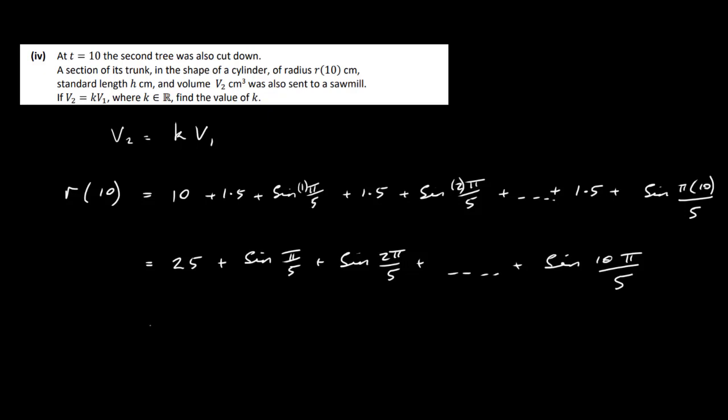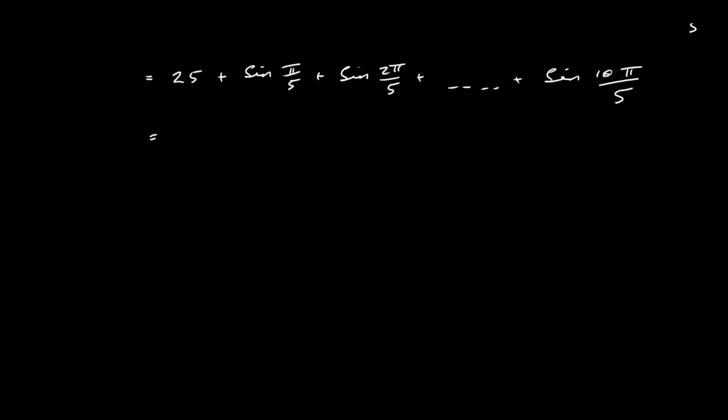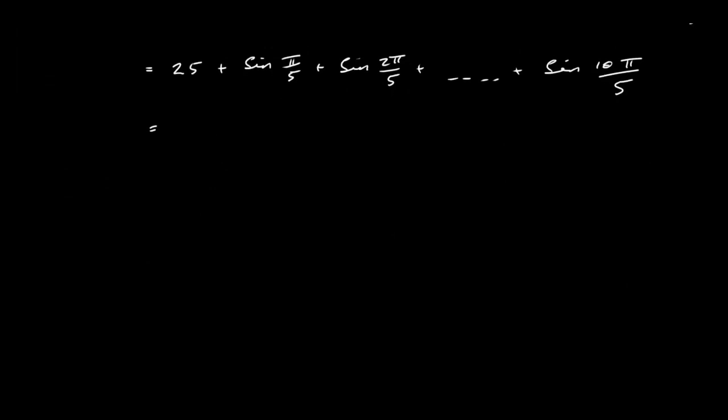Now, if you look at this part here, all of these sines, what do they actually add up to? Well, if we just think about that for a minute, you can do them on your calculator anyway and you'll get 0.